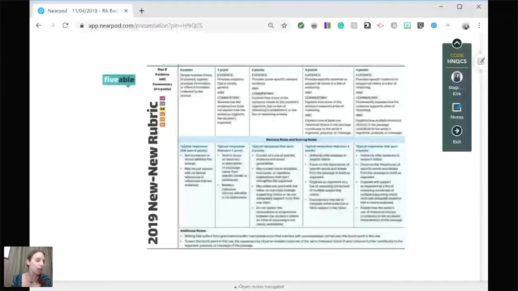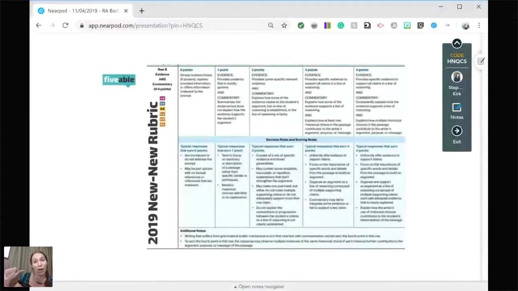Got it. Organize and support the argument as a line of reasoning composed of multiple supporting claims. So I just told you 1s and 2s and A's and B's, and check mark, you can do that too, right? And then, of course, adequate evidence. Now, relevant, sufficient, and adequate evidence is something that I think a lot of people struggle with. But the point is, you've got to be thorough and get it all the way across.